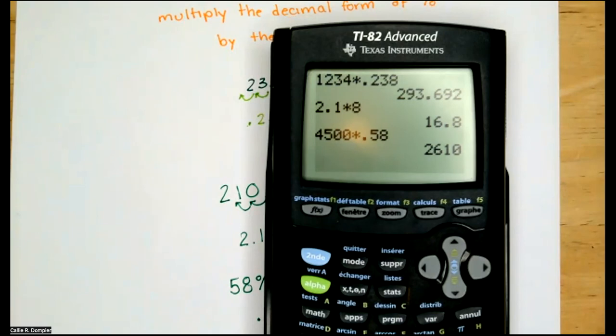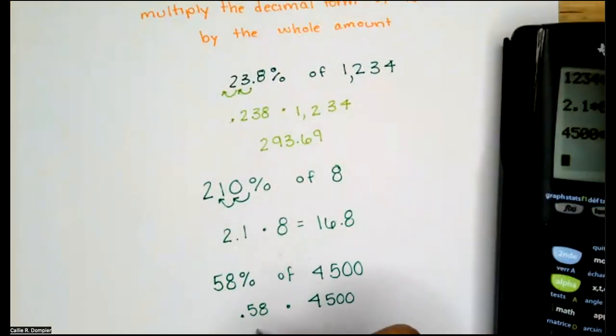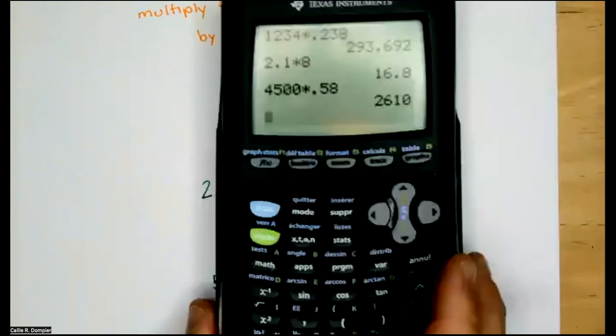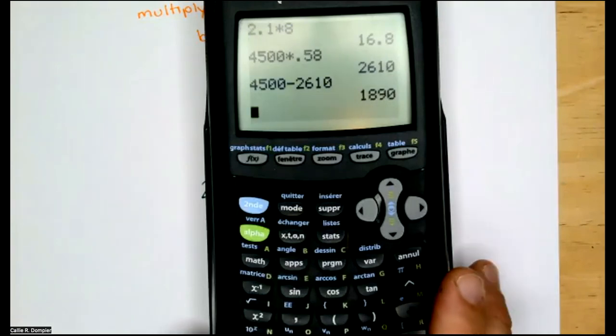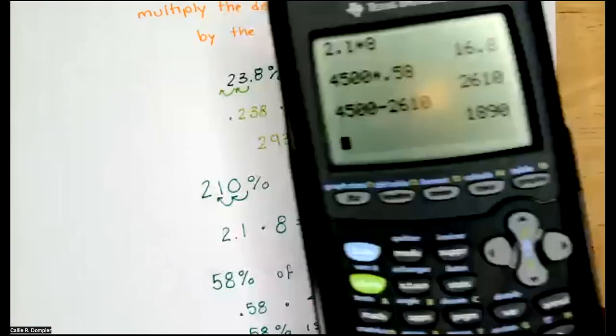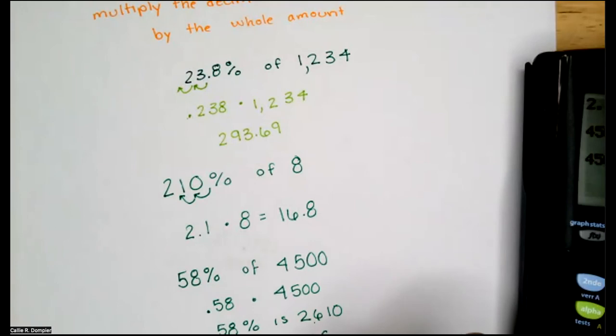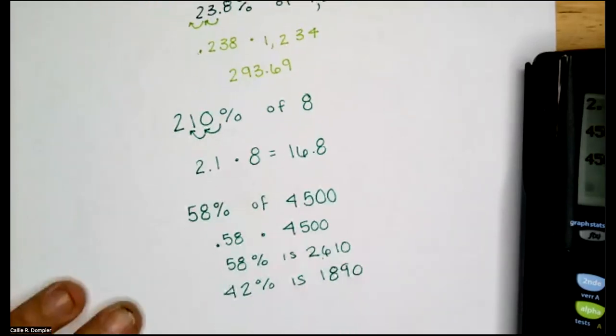How many people get enough sleep? So 58% is 2,610. Oh, sorry, we're out of time. And then the remaining 42% is, you can take that original amount and subtract it, or you could have subtracted 58 from 100 and gotten 42. So it's 1,890. Okay, sorry guys, I went over.